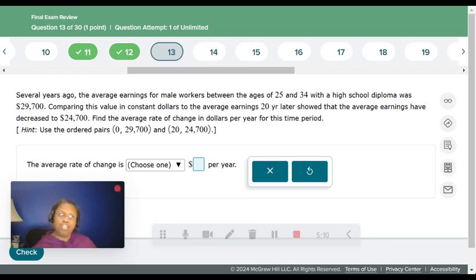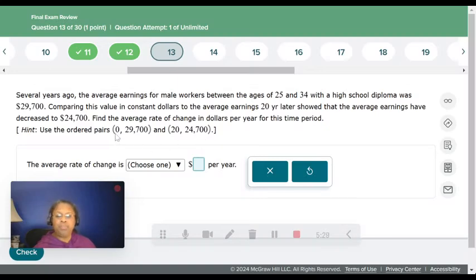So we're actually thinking about there's an increase versus a decrease. What would that slope look like? Remember our equation from the previous problem. Here's a hint. Use the ordered pairs. They even line this up for you. That's awesome.